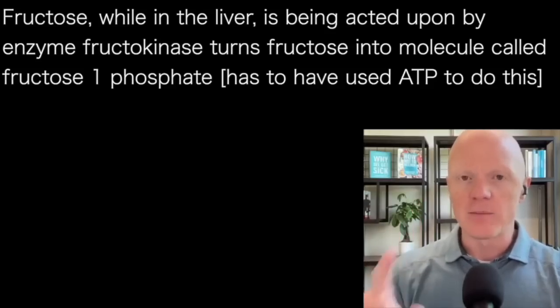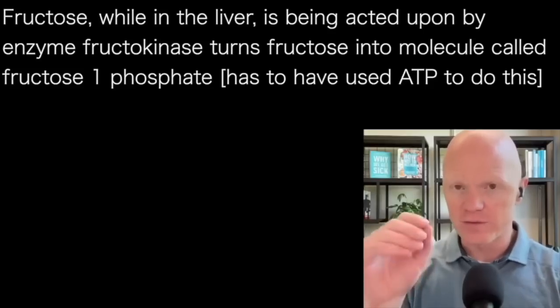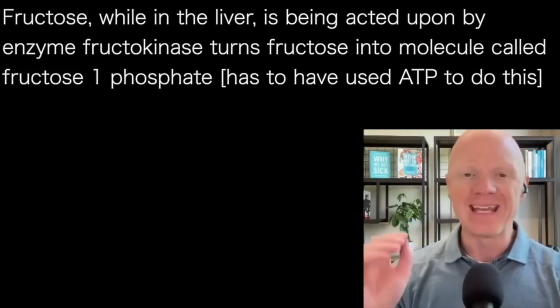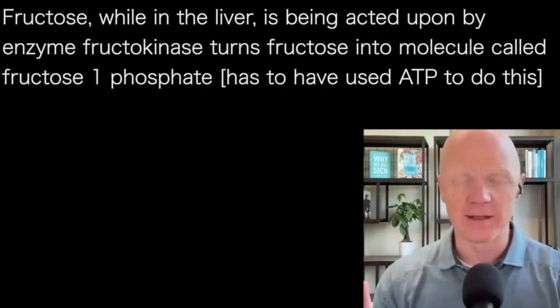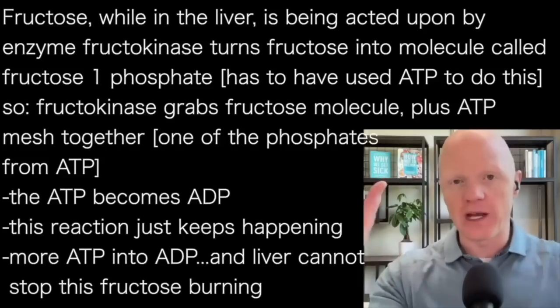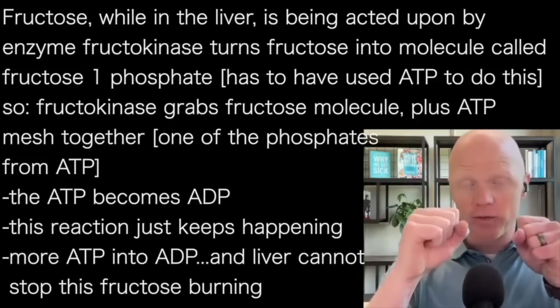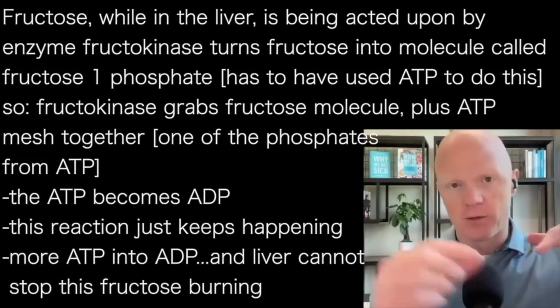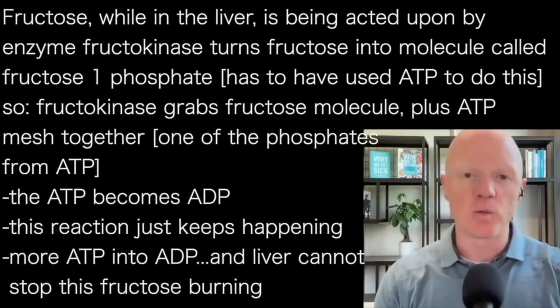But whenever a molecule has gone to a phosphorylated form, it has to have used ATP in order to do that. So fructokinase will grab the fructose molecule, it will grab an ATP molecule and transfer one of the phosphates from the ATP, and give rise to fructose 1-phosphate.